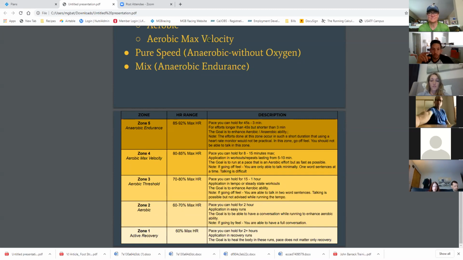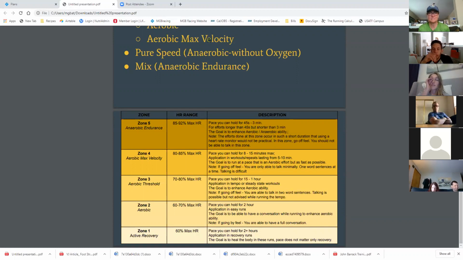And the reason it goes up is because you're using muscles that are anaerobic. You're going into a different zone because now your power muscles are getting involved, and these are all anaerobic muscles, and now you're going into a different zone with your heart rate. The spikes occur because the zone is from 85 to 92%.